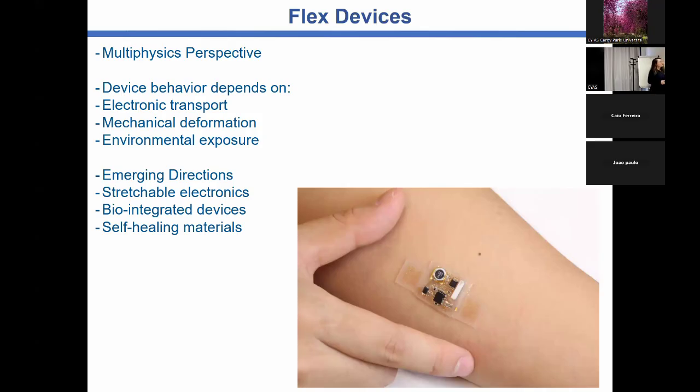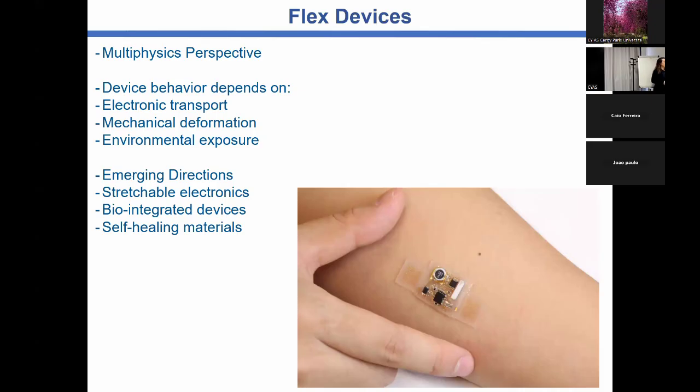So the electronic transport is an issue on the flexibility because of the mechanical deformation, and also the flexibility comes with the environmental exposure. So usually we cannot work with the nitrogen or controlled deposition. Then we must deal with these environmental issues.